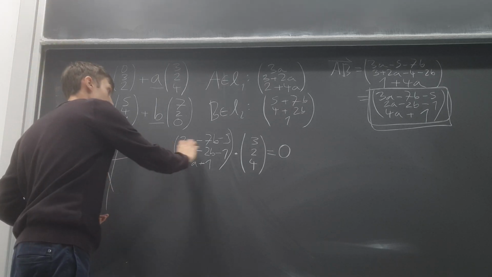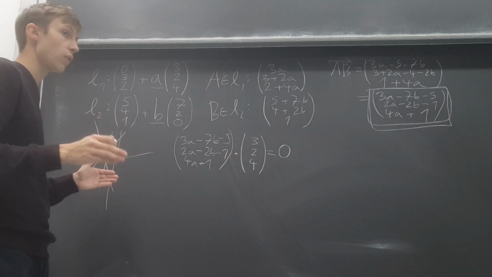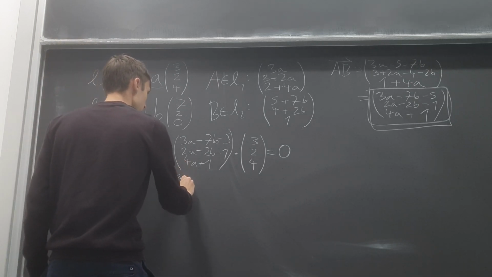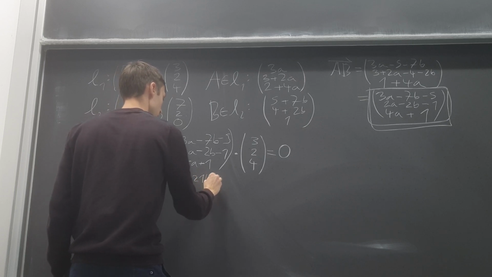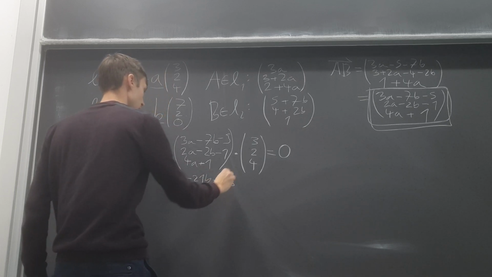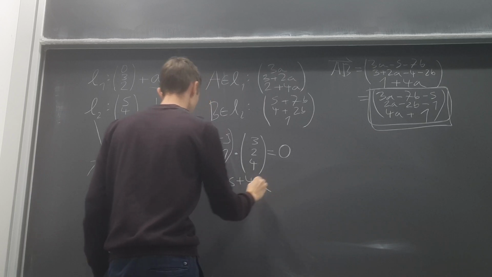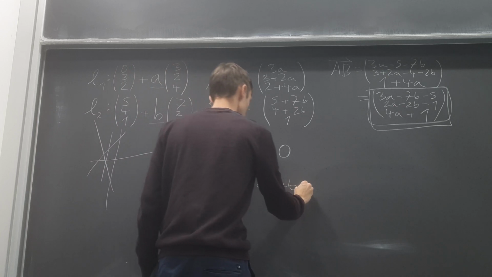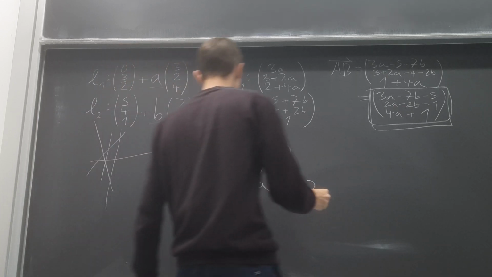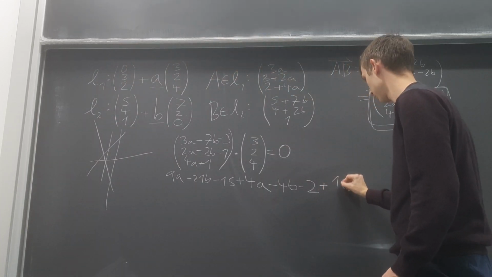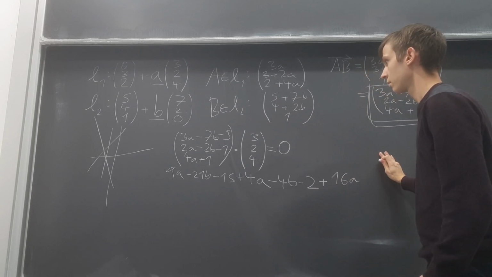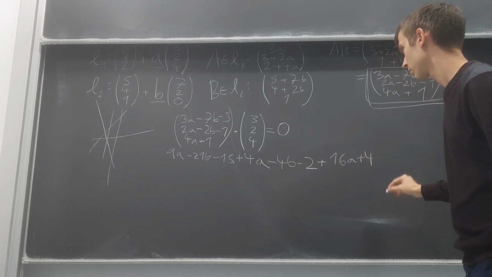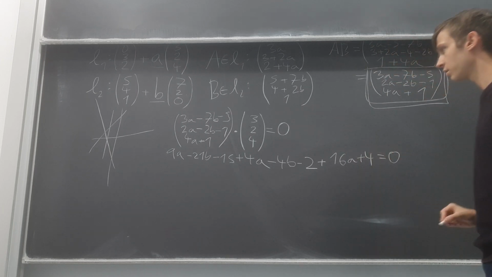And now we can do the dot product. And it will generate a two-variable equation involving A and B. So 9A minus 21B minus 15 plus 4A, and it continues, equals 0.